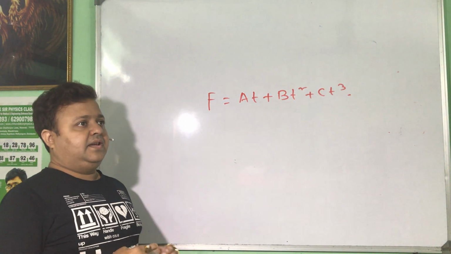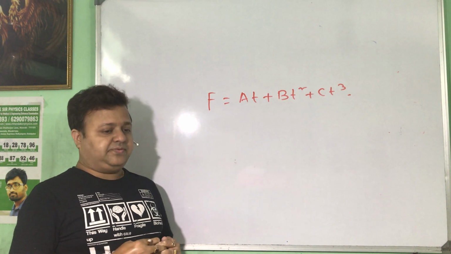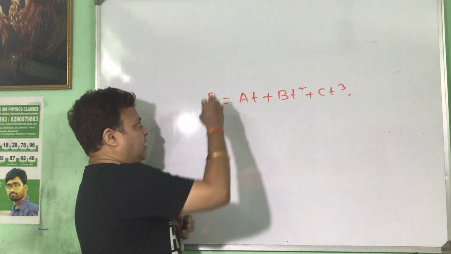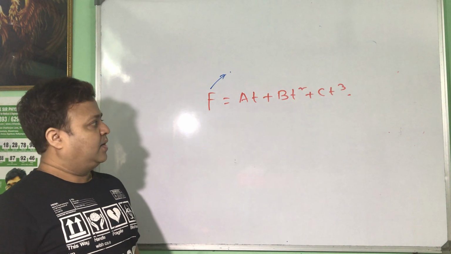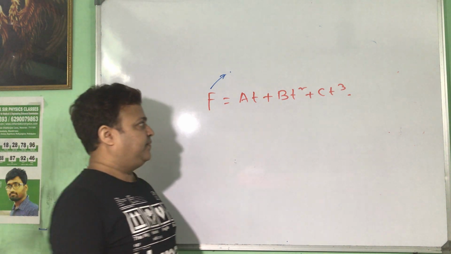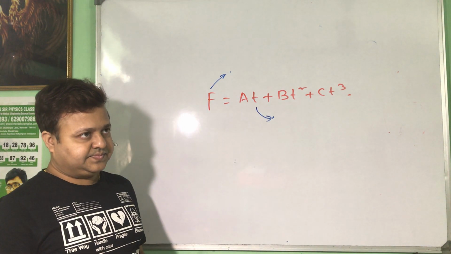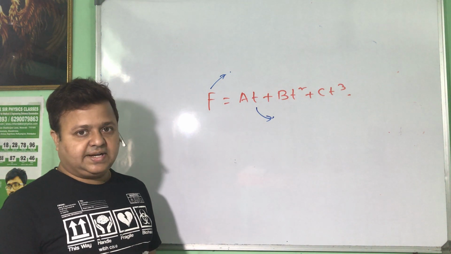Write down. F equal to AT plus BT square plus CT cube, where F is the force and small t is the time.